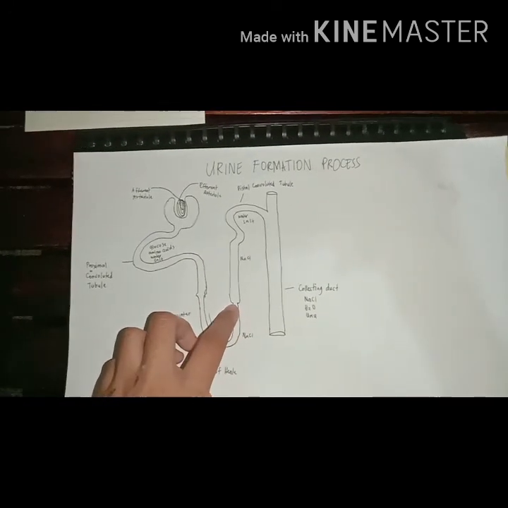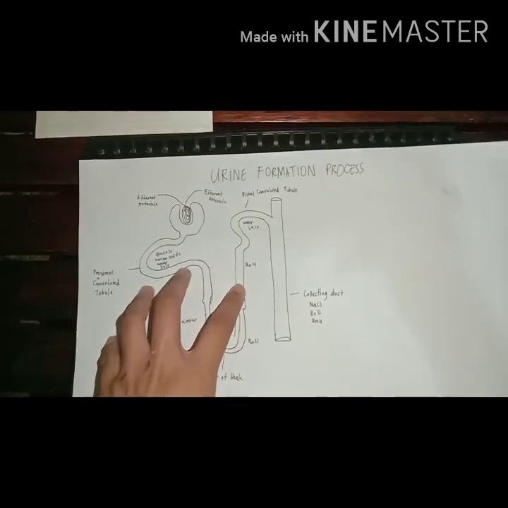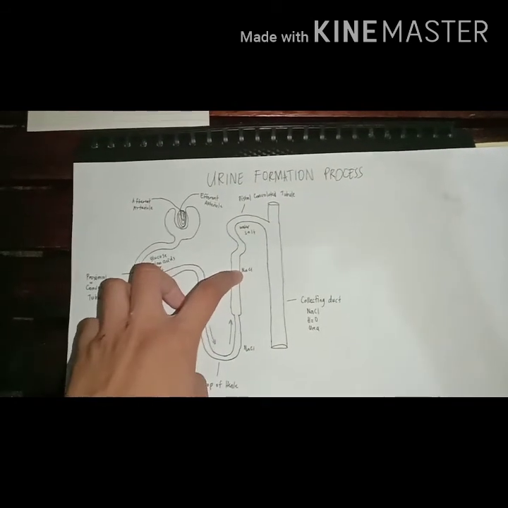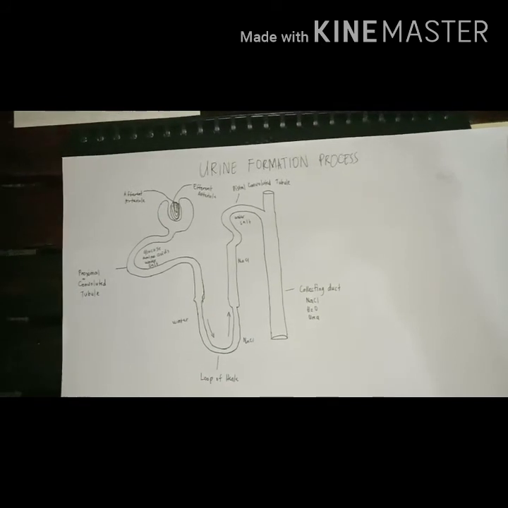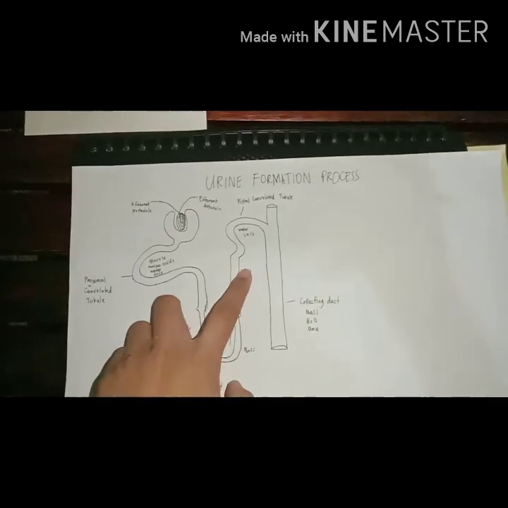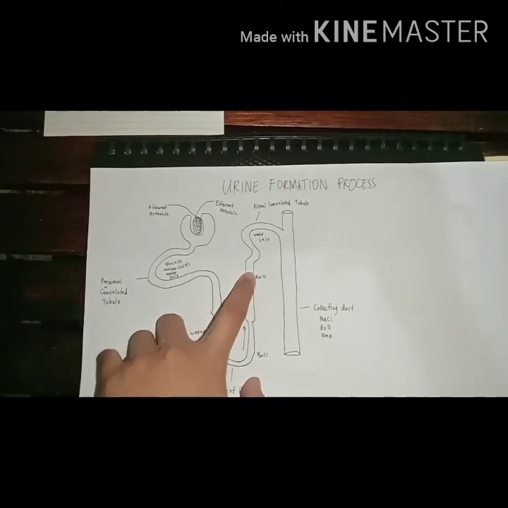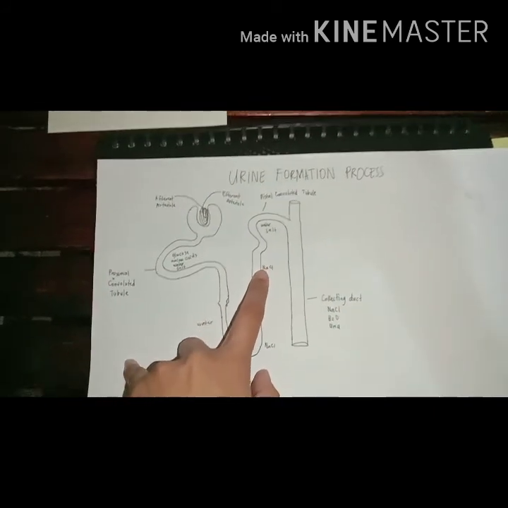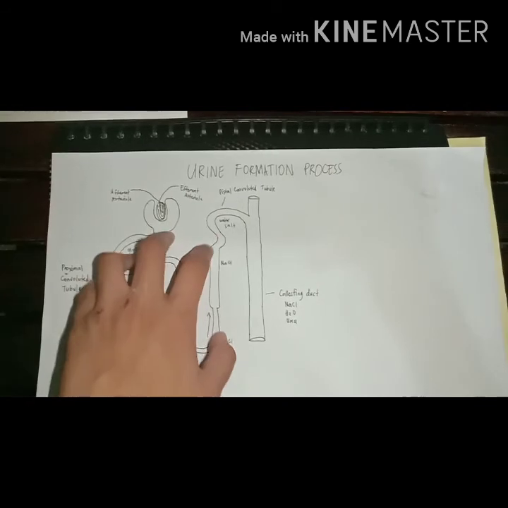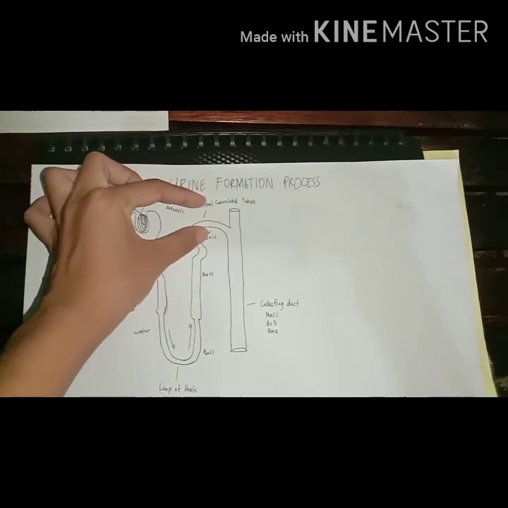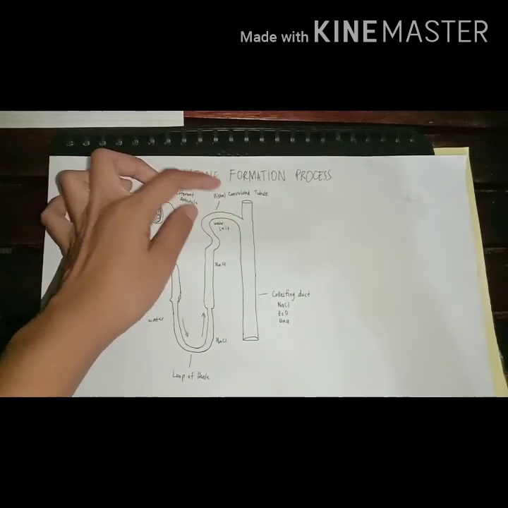Then as it goes up, the salt is being reabsorbed, and it is now through active transport. This is the distal convoluted tubule.